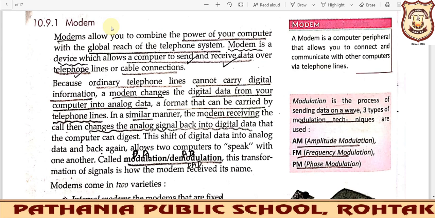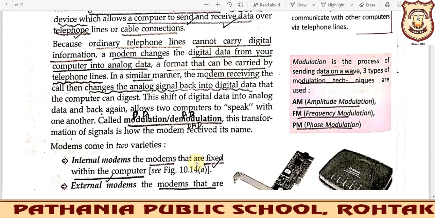The process of conversion of analog signals to digital signals before they enter inside the computer is known as demodulation. So modulation is the process of converting digital signals to analog, and demodulation is the process of conversion of analog signals to digital signals. You can remember it like DAD. D is for demodulation, A is for analog, and D is for digital. In this way you will not be confused, so remember it that way.